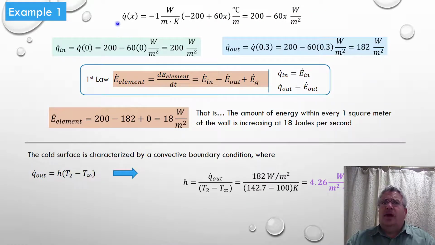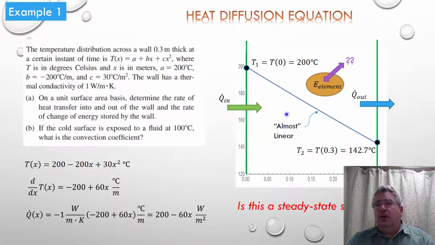So if I evaluate, here's my expression for q-dot as a function of x, 200 minus 60x watts per square meter. If I evaluate this at the left-hand wall at x equaling 0, I'm going to end up with 200 watts per square meter. And this is positive, so at the left-hand wall, q-dot in is 200 watts per square meter.